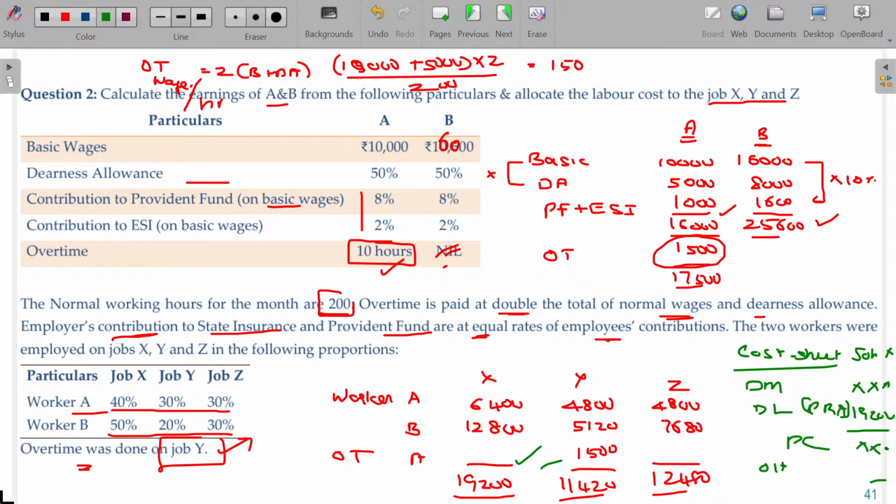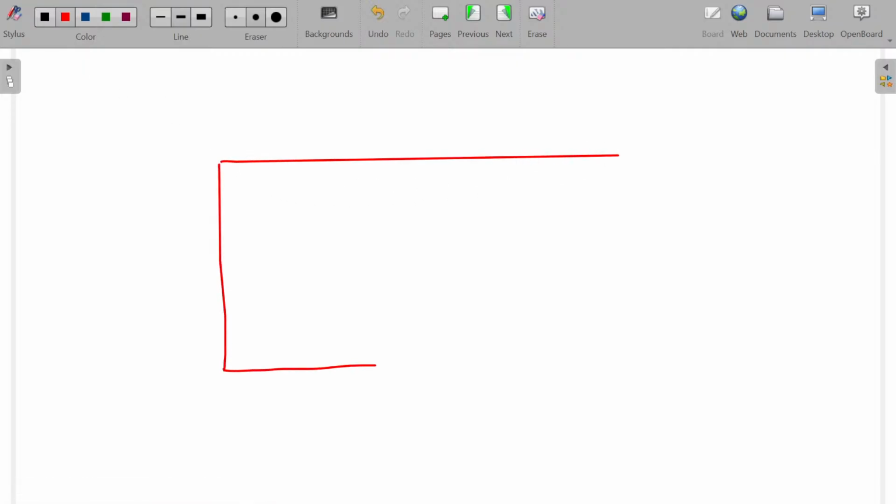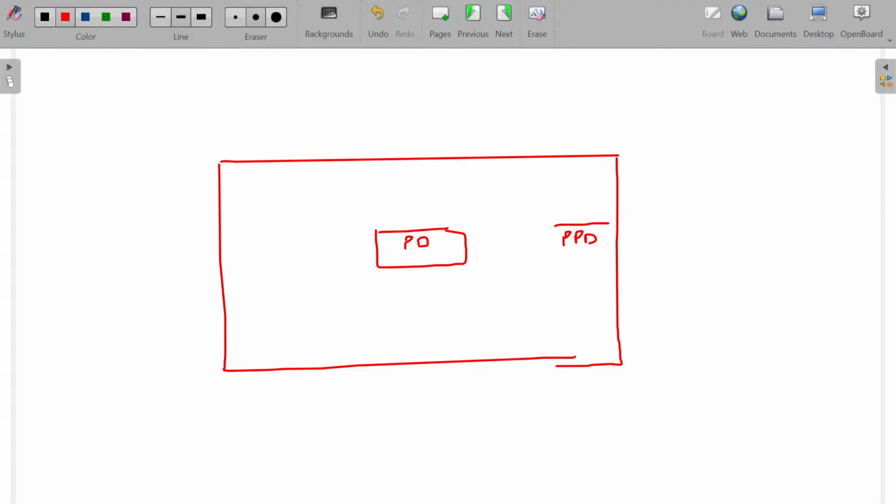Now, in material costing, I already explained about the stores ledger and material issues and all. Workshop or production department, production planning department, and showroom.